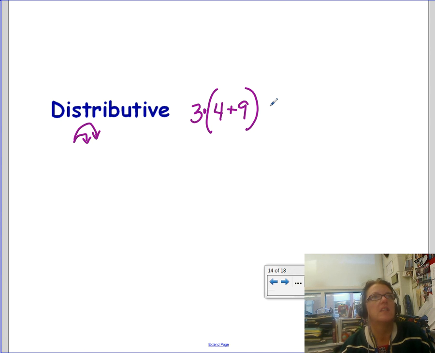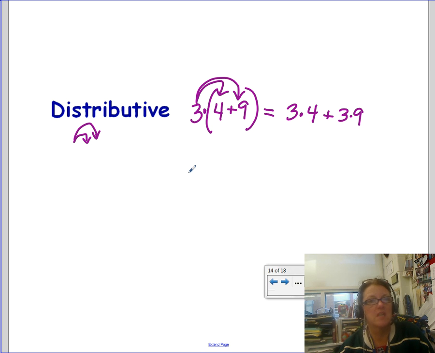Yes, but it's also true that I could take 3 times the 4 and 3 times the 9 using the distributive property, and I'll also get 39, because 3 times 4 is 12, 3 times 9 is 27, 12 and 27, 39. You get an equivalent statement.